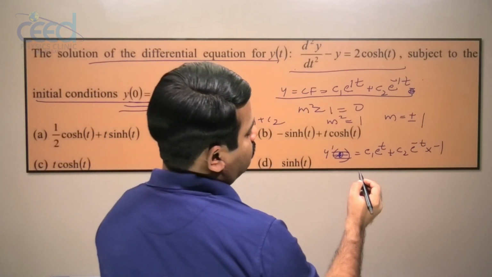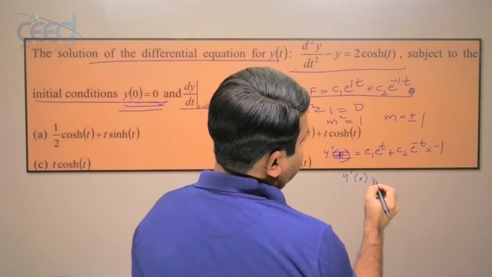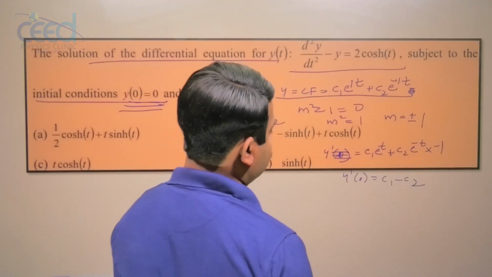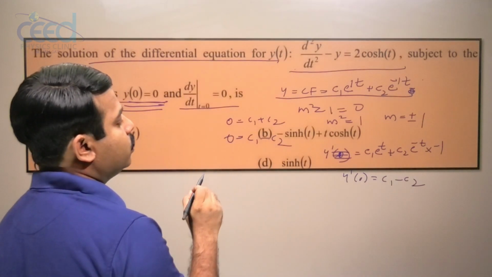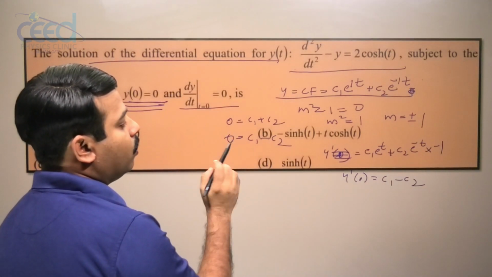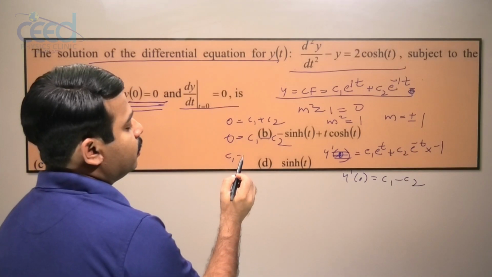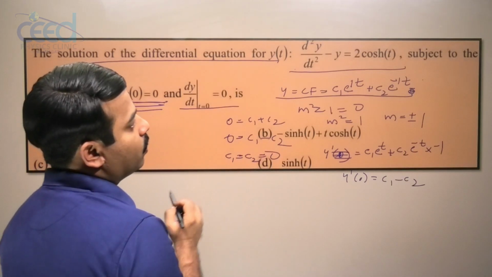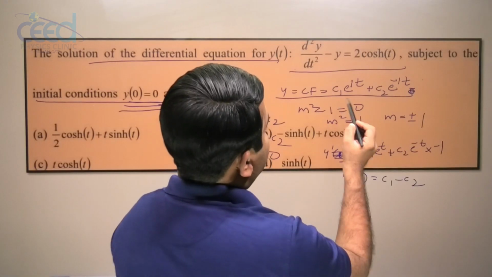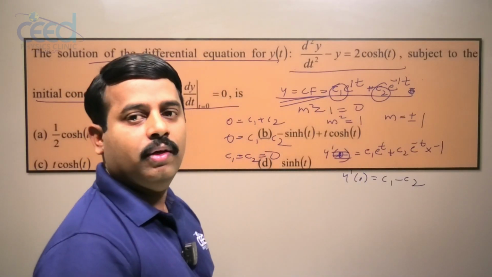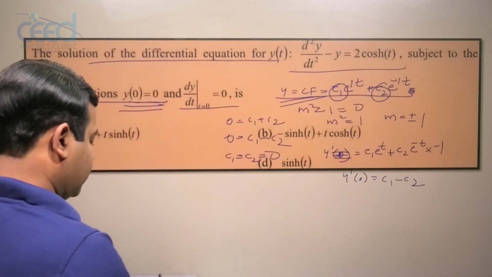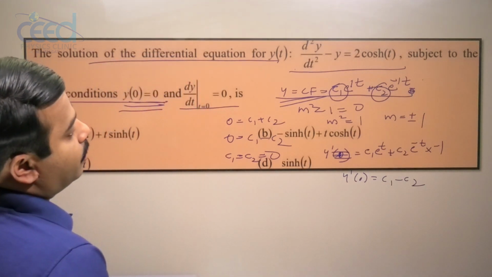Then y dash of 0 is c1 minus c2, which is also 0, while c1 plus c2 is 0. This is possible only when c1 is equal to c2 is equal to 0. Putting c1 and c2 as 0, the complementary function does not exist, so in such a case we find the particular integral.